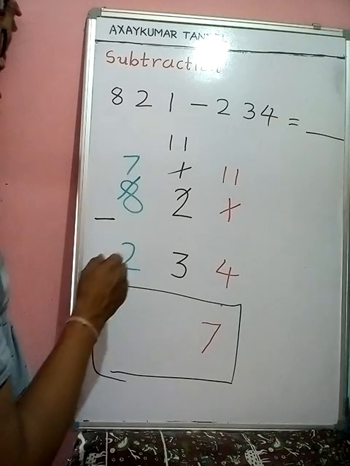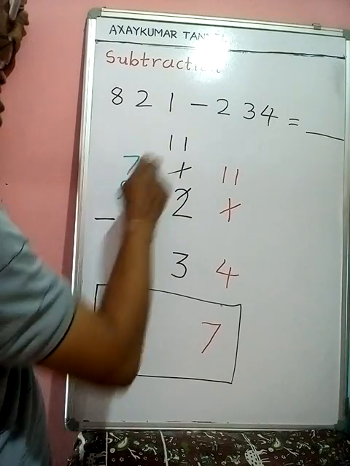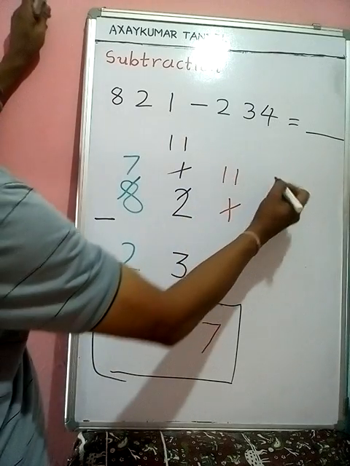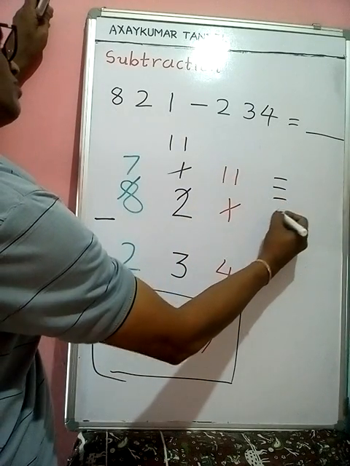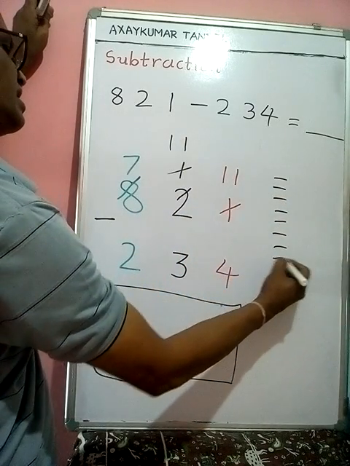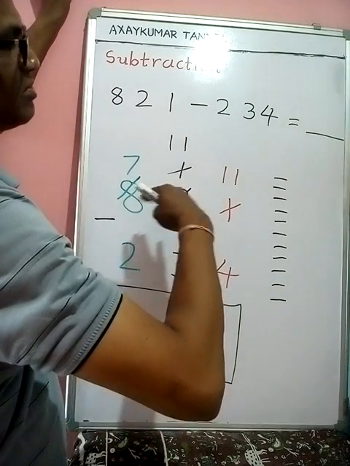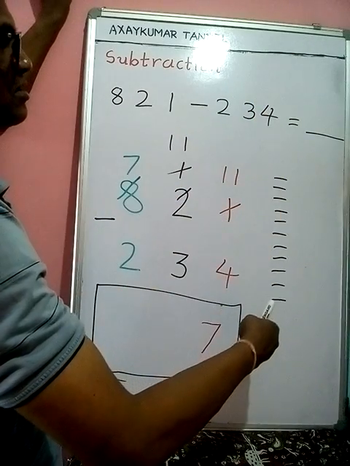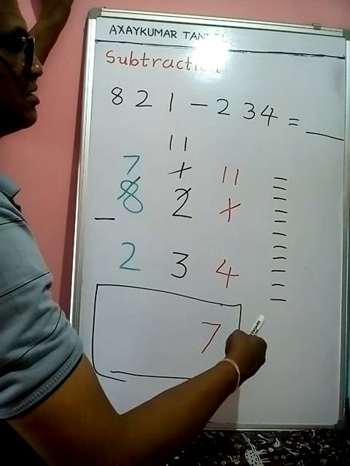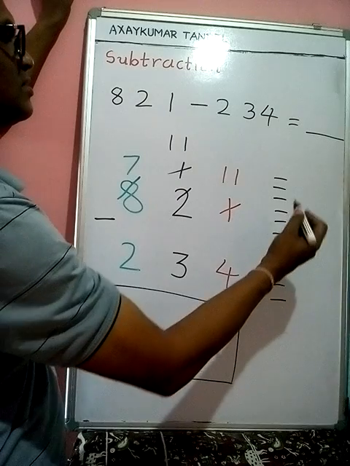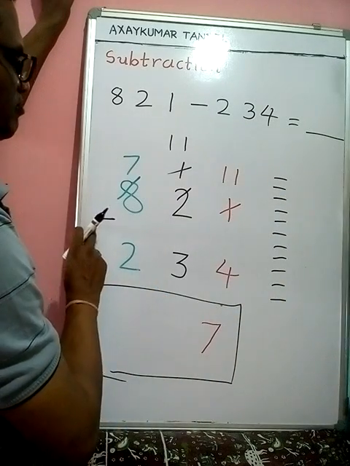Now we subtract 3 from 11. We draw 11 lines. 1, 2, 3, 4, 5, 6, 7, 8, 9, 10, 11. Now minus 3.